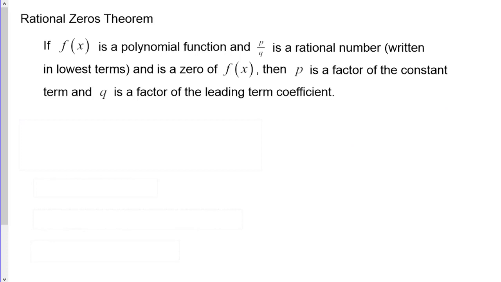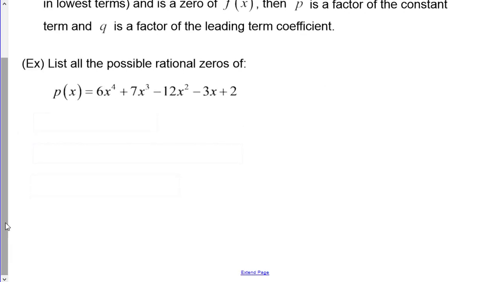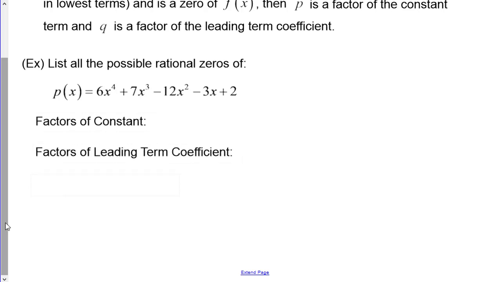So let's see how it works. It's pretty straightforward to get the list at least. Let's say we want to list all the possible rational zeros of this polynomial function. What we would do is list out factors of the constant and then factors of the leading term coefficient to start off with. The constant is 2, so the factors of 2 could be plus or minus 1 and plus or minus 2.